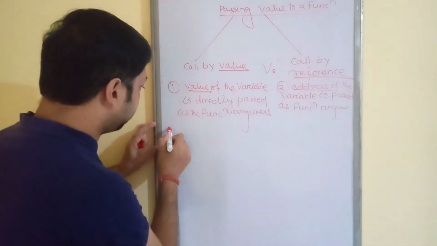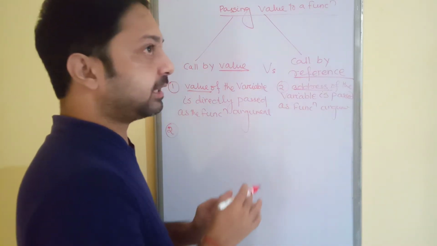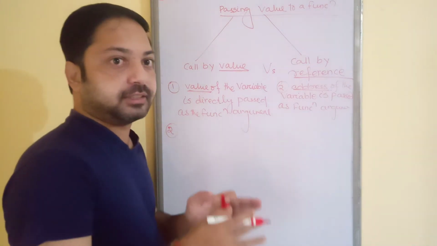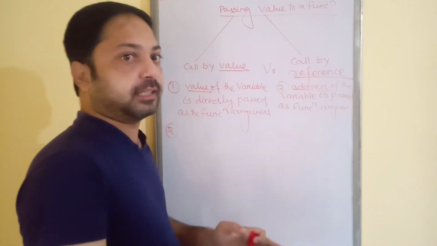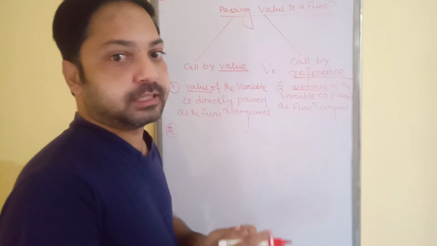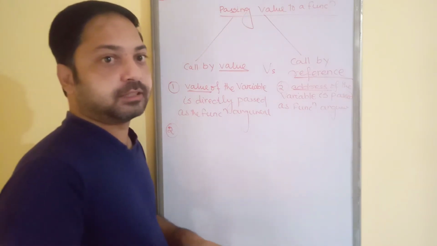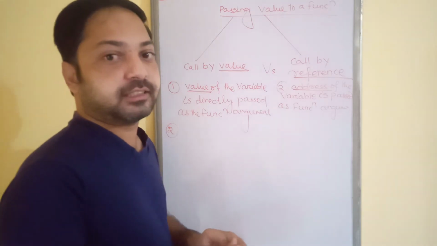In the second point, what happens if you try to change the formal argument? You know that there are two types of argument: one is the actual argument, another one is the formal argument. As we already know, the actual argument is the argument used in your function call, and the formal argument is the argument used in your function definition.